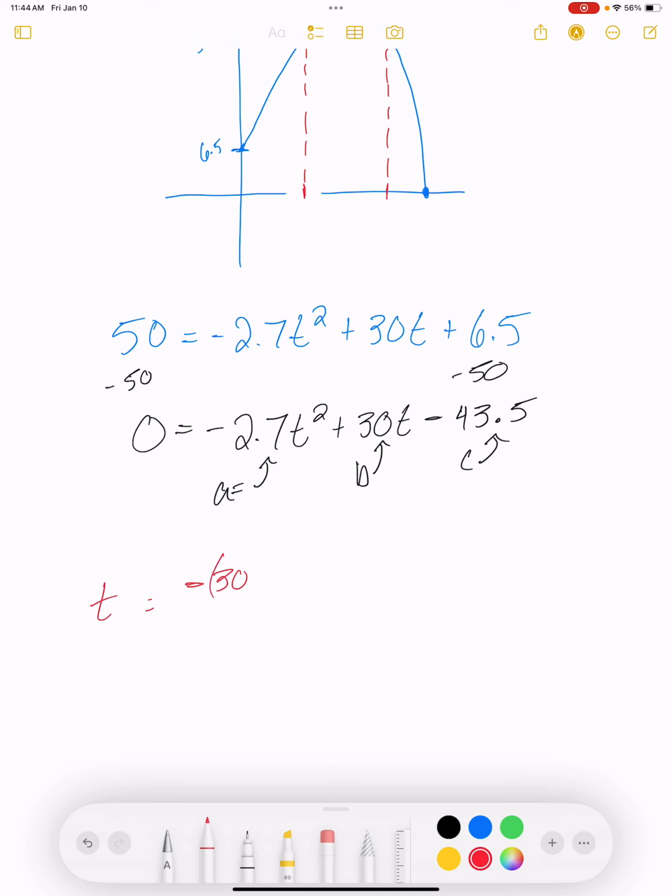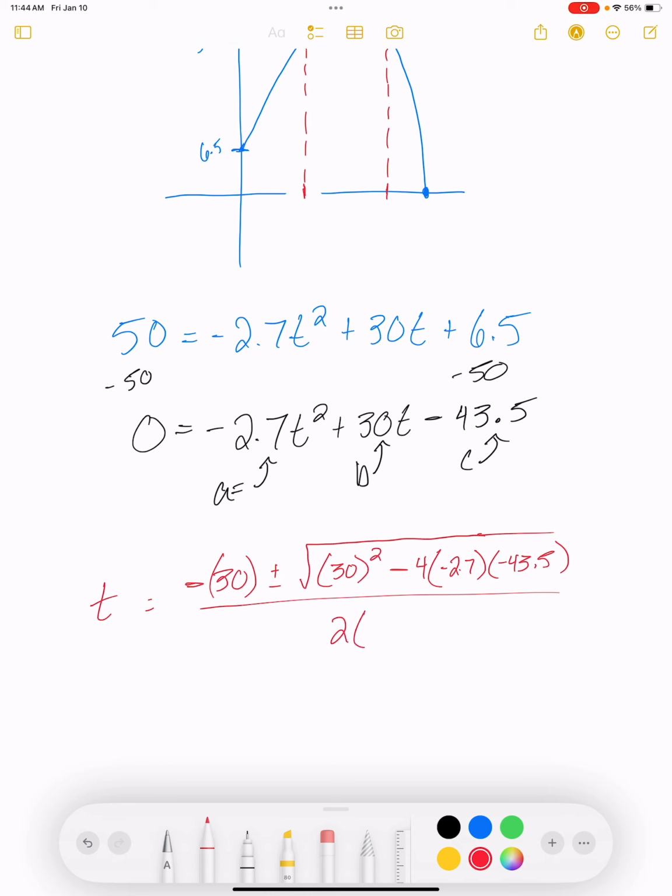When we're substituting in, you should always use parentheses just to play it safe. Plus or minus the square root of 30 squared. You don't have to, but I find people make mistakes when they don't, so just do it. Minus 4 times a, which is negative 2.7, times c, which is negative 43.5, right? All over 2 times a, which is negative 2.7.